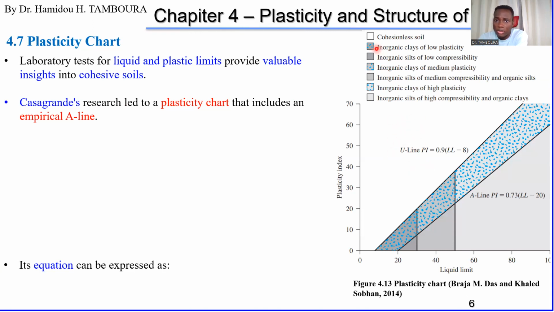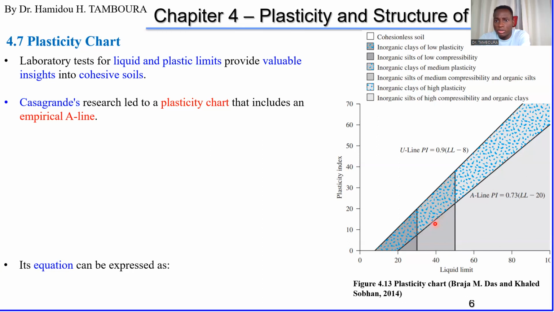The color code is here. If we check, for example, this area, maybe it is this one, I'm not sure: inorganic silt of high compressibility and organic clay, this area.